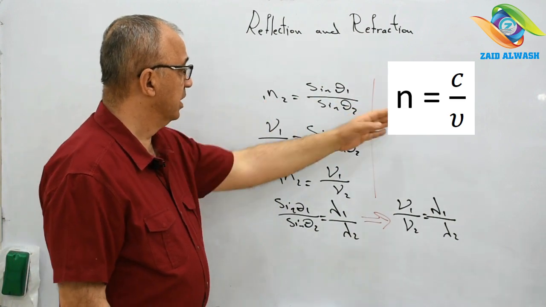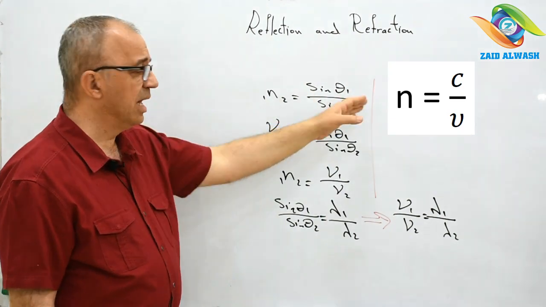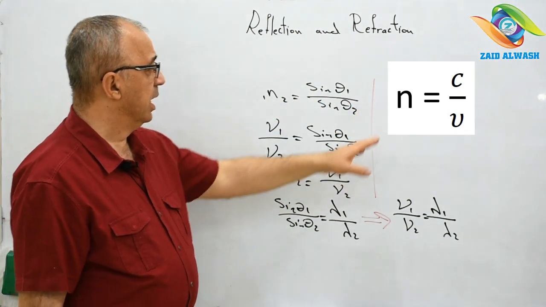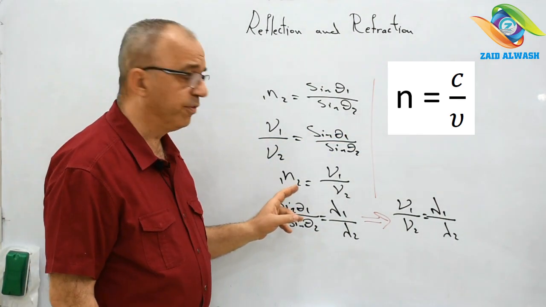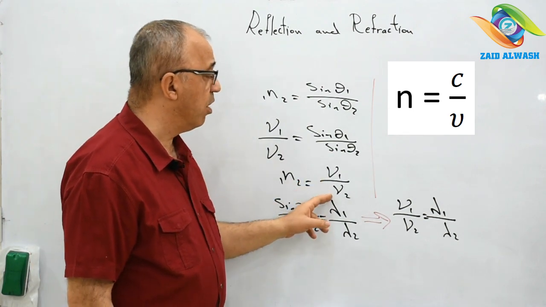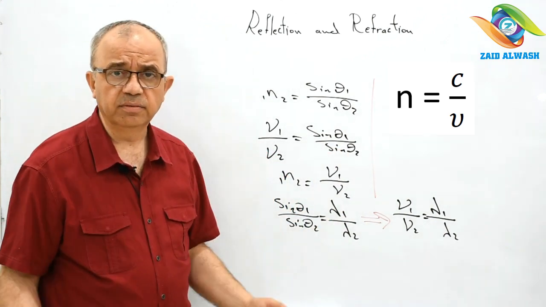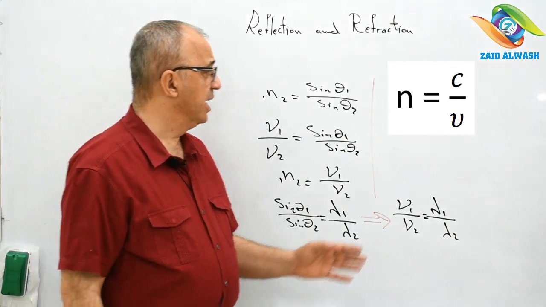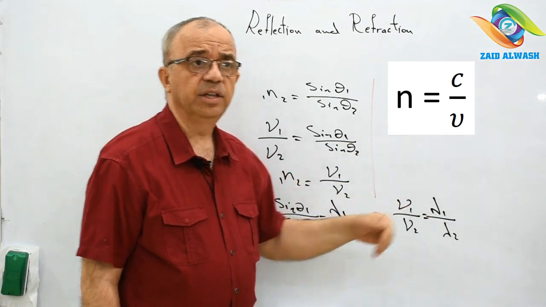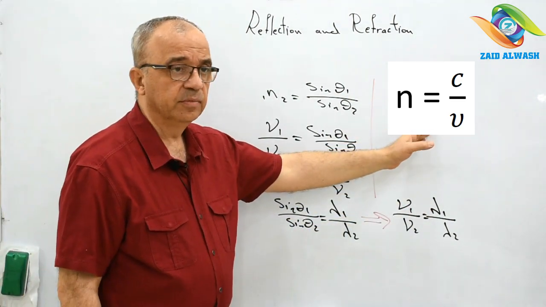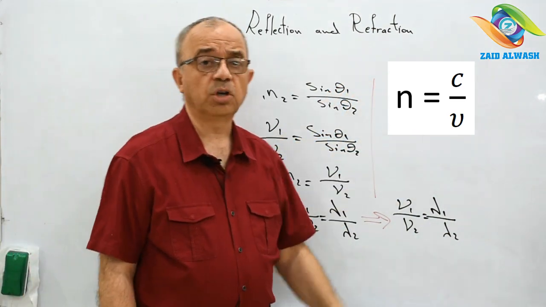As you see in the two equations, in the relative index of refraction we have N equals V1 over V2. When the light travels in the vacuum, then its speed equals C, and the speed in another transparent medium is V, then N equals C over V. This is the absolute index of refraction.